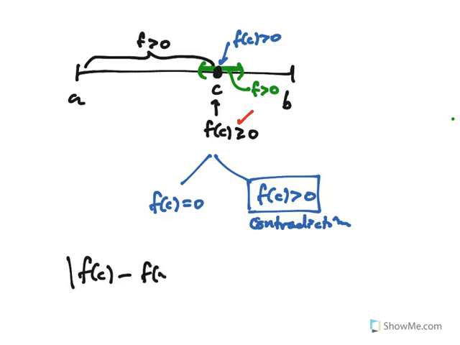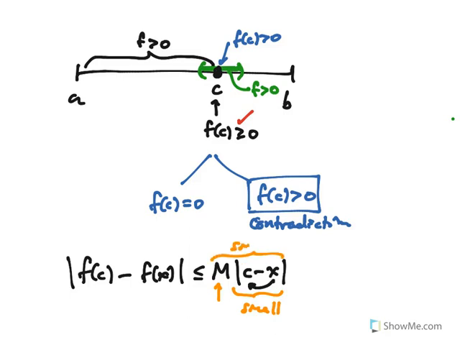And the reason for this is, if you look at the Lipschitz inequality, what it's basically telling you is that if x is very close to c, so that this difference is very small, and then m is just a constant, so it's not going to make that much difference when you multiply by m. This whole thing is going to be very small. And so f of c and f of x have to be very close together, because their difference is small. Their difference is less than or equal to some very small quantity. And you can make it as small as you like by taking x to be very close to the point c.